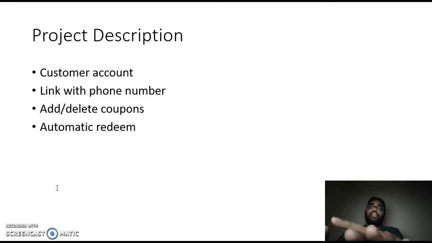Based on that, the coupons will be automatically attached to the items, and at the checkout the prices will be adjusted accordingly.